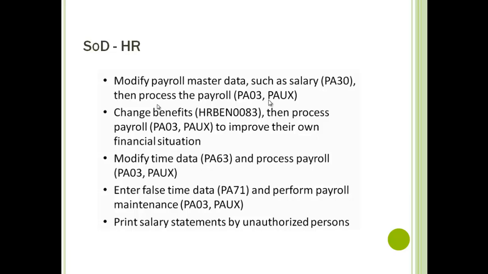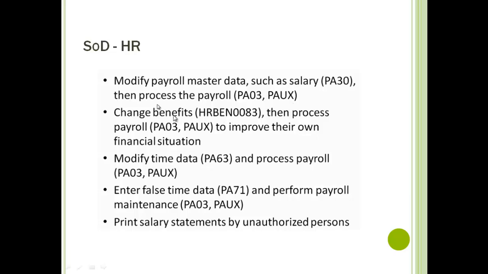I have somebody who is working in our organization, or maybe I can create some dummy personnel account and put a basic salary for that particular employee, and run the payroll process. Then what happens is that money will be transferred to the particular bank account, whatever I am entering. So maintaining payroll in PA30, and PA03 and PC00, the payroll processing should not be with one person. It's quite risky. So we can segregate here.